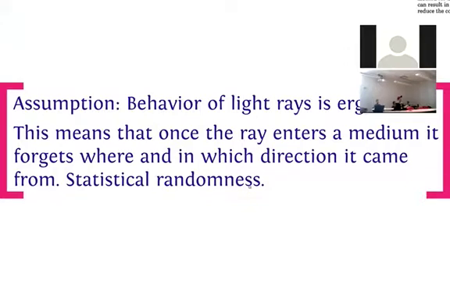But the idea is, think about a medium such that light enters the medium, and once it has entered, it gets completely randomized in terms of direction. Which means it forgets the angle at which it came from.